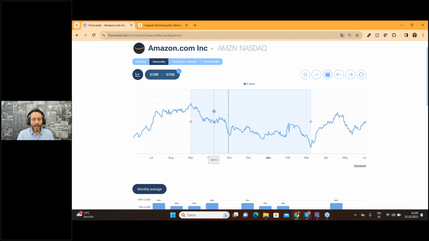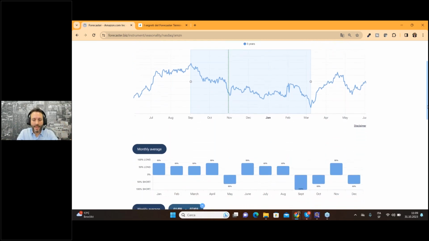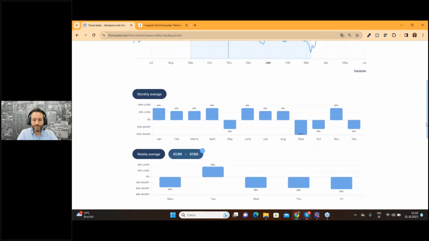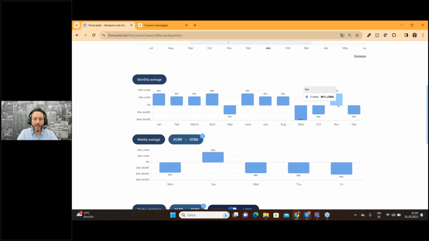So the first 2 months of the year are not such a good season for Amazon, or at least historically it has not been, so much so that we see how November has tended to be positive, because 80% of the months of November in the last 5 years have closed on the upside, but December, on the other hand, has tended in history to be negative.